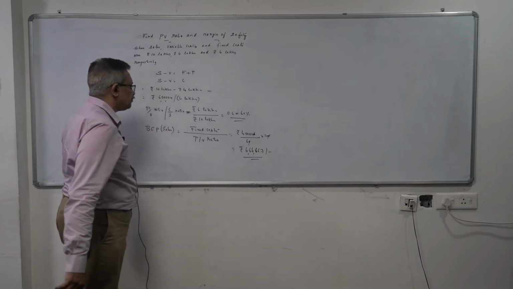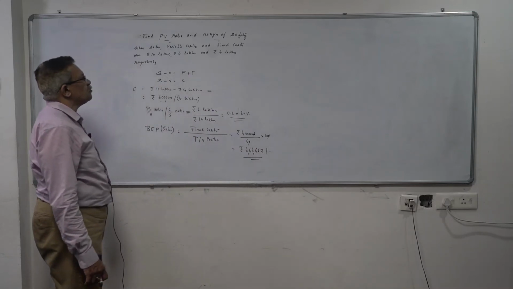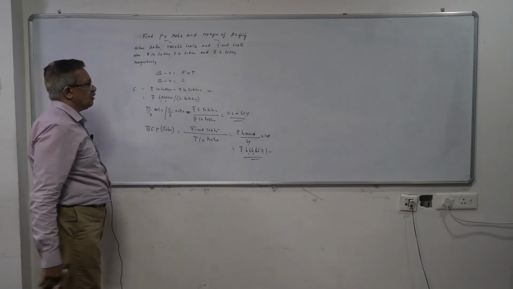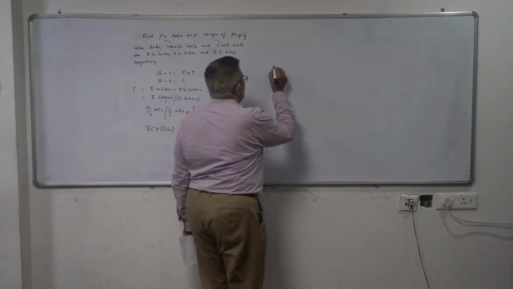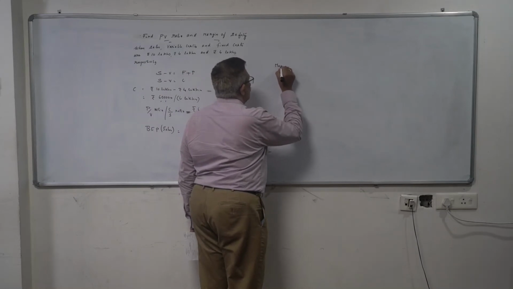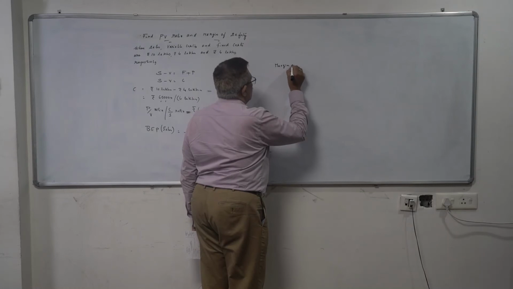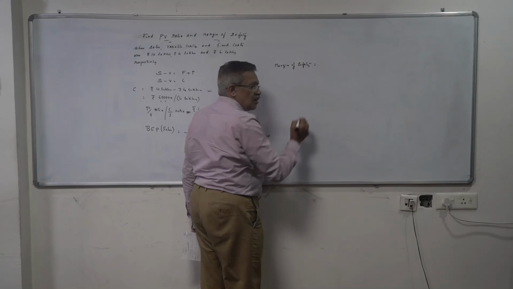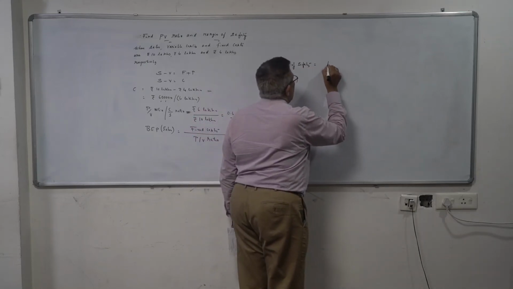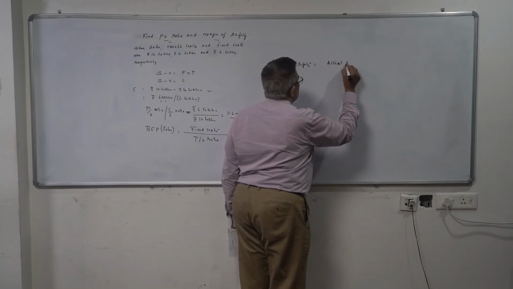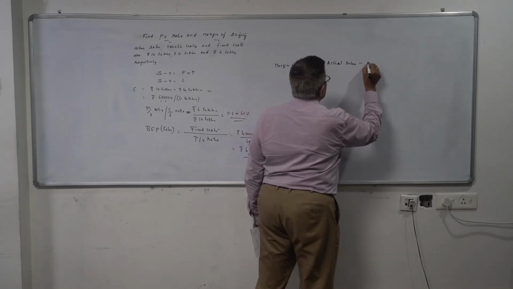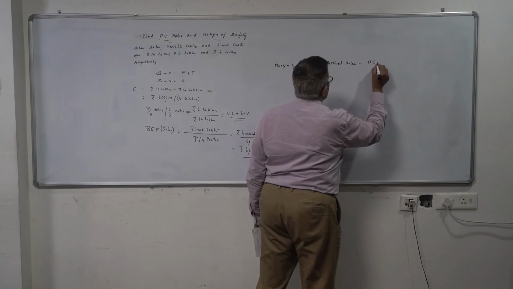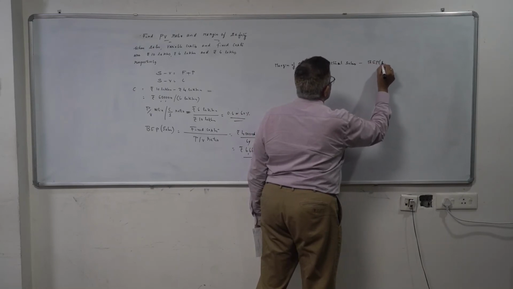Through this particular formula, after getting this, we can find out the margin of safety. The margin of safety, we know, is equivalent to the actual sales minus break-even point sales.